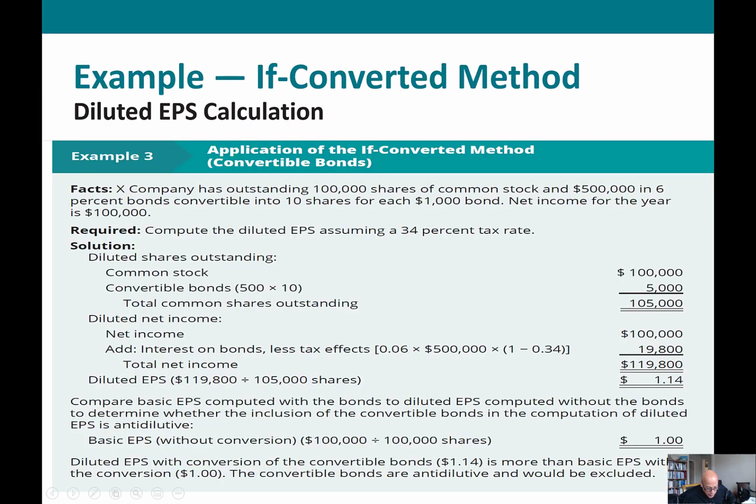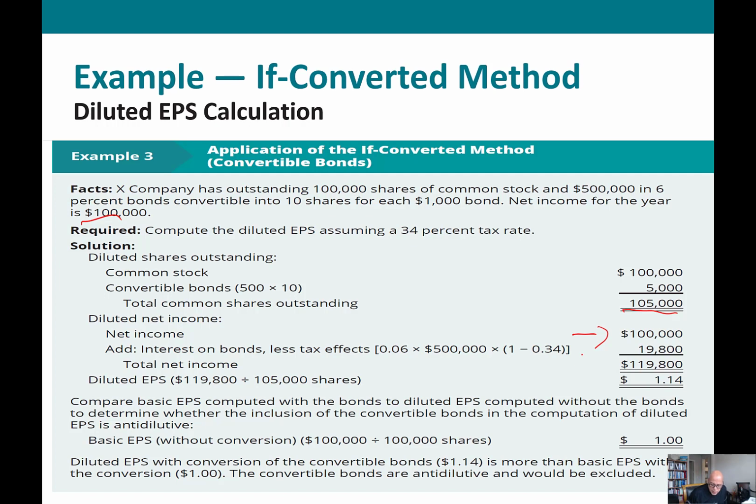Let's continue this example. We've got these 5,000 additional shares that would have been issued if the conversion had been exercised. Now we had net income of $100,000, but we have to consider the effect if the bonds were converted, and we always assume the conversion happened at the beginning of the year. If the bonds were converted at the beginning of the year, there would be no interest expense.